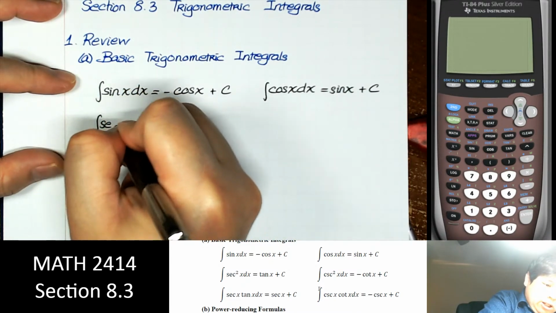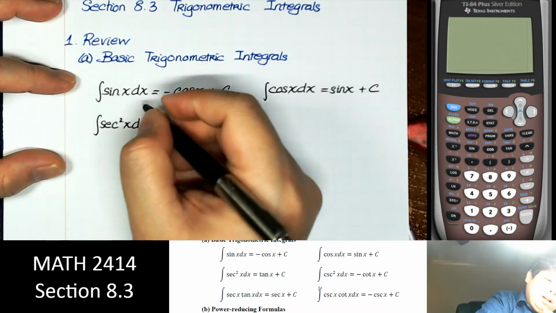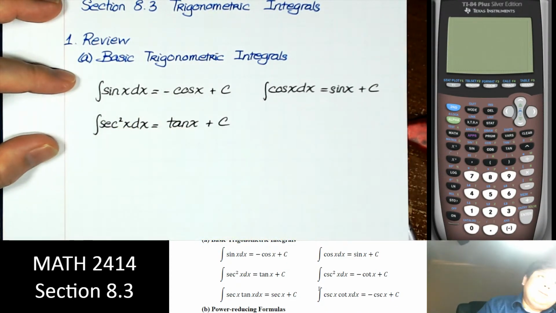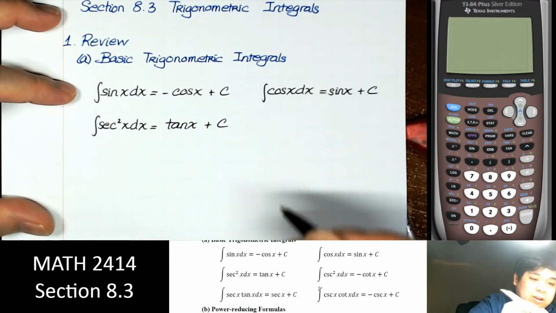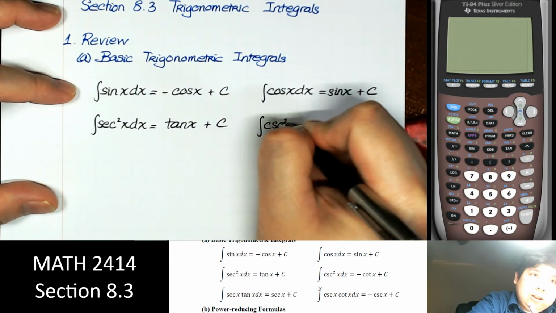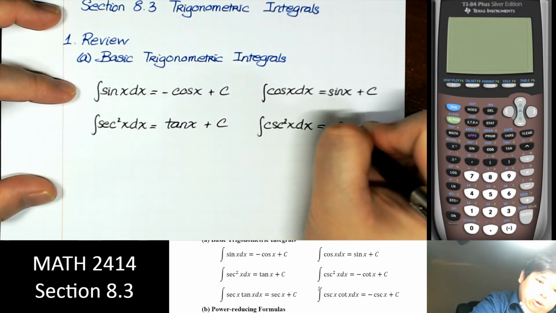Secant squared gives us tangent, and cosecant squared gives negative cotangent.